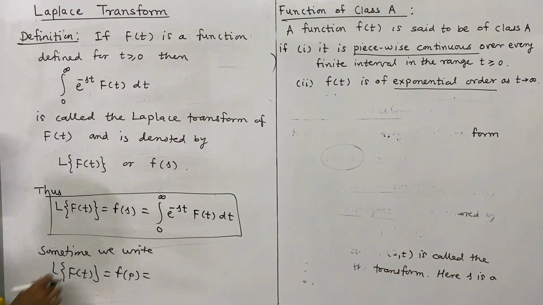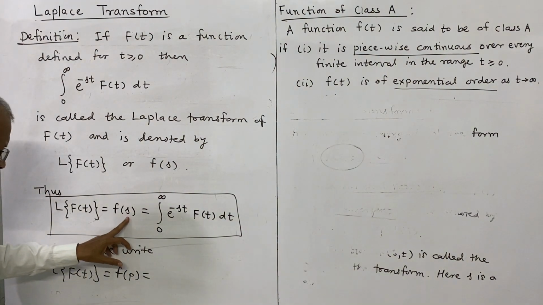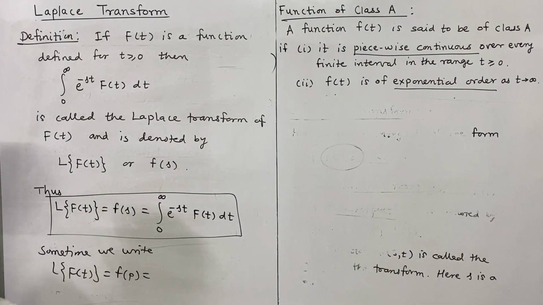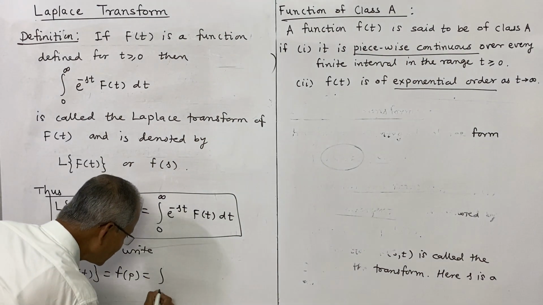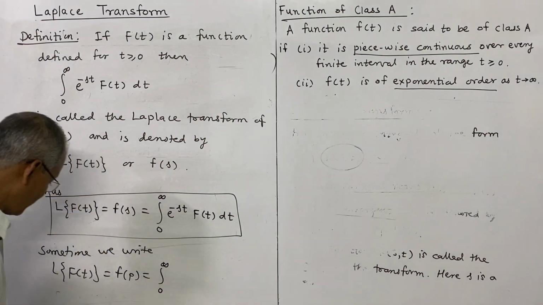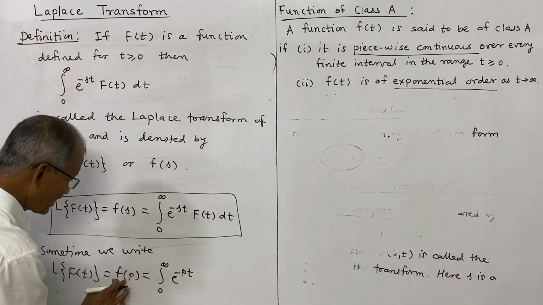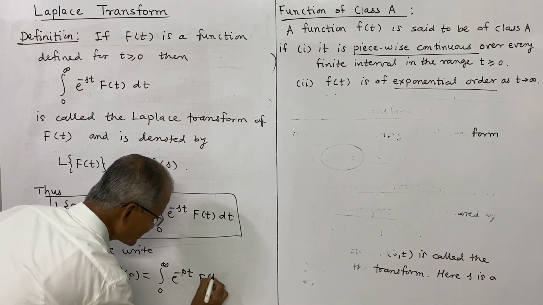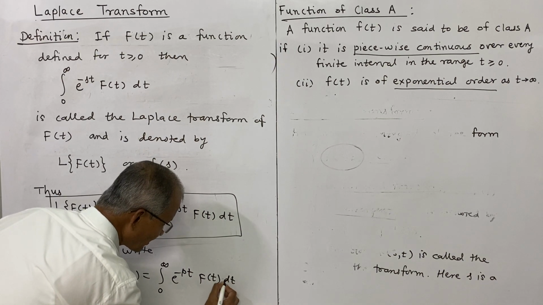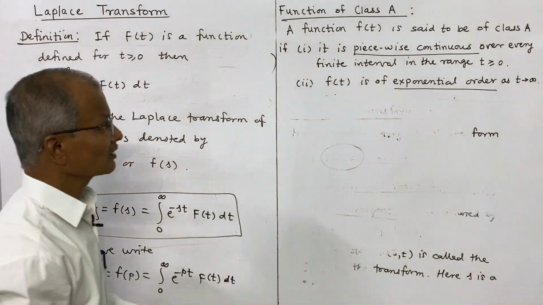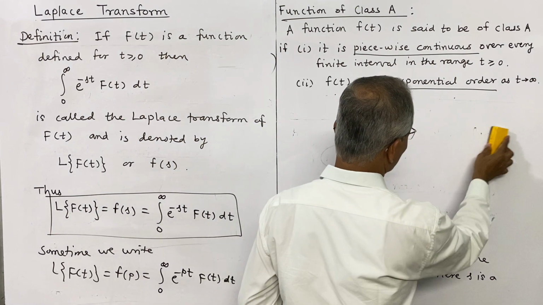In place of the parameter s, sometimes p may be written, and in that case the change will be the integral from 0 to infinity of e power minus pt. In place of s we are writing p and t remains the same. So this is another notation for the Laplace transform.